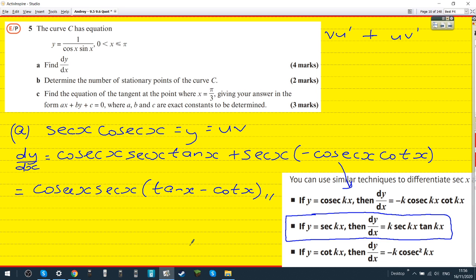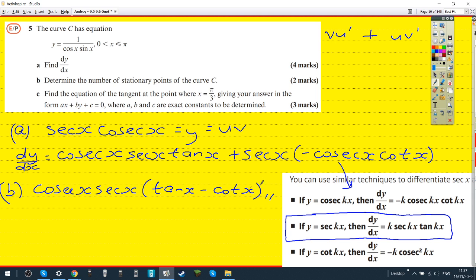How about question B? Number of stationary points of the curve C. Is that where I do like the differentiation equals to 0? Yep. So that will be equal to 0. Can I put it into like my graphical calculator or something?